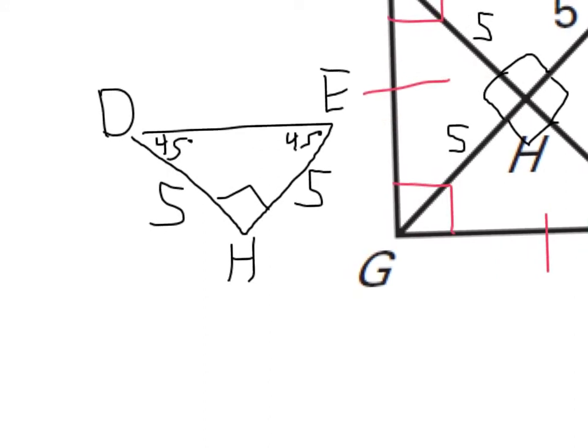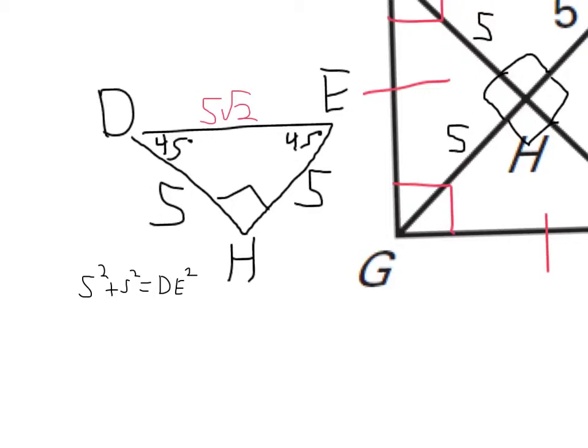So, you could do the Pythagorean theorem to figure this out. 5 squared plus 5 squared equals DE squared. And you could figure it out that way. You could also remember the really convenient shortcut we had from Chapter 7, first semester, that said in a 45, 45, 90, if you know one of the legs of the triangle, just multiply it by radical 2. So DE would be 5 radical 2. That's a really short way of doing it.